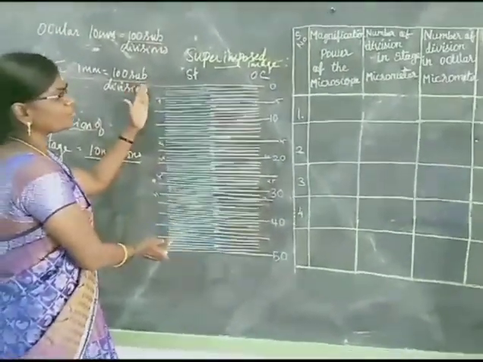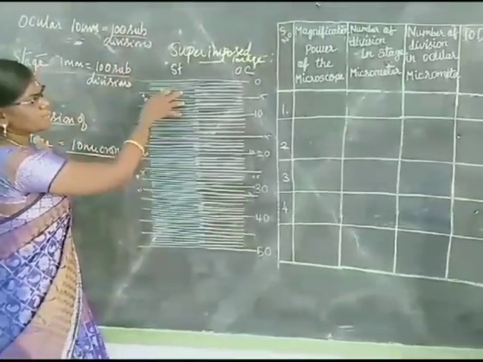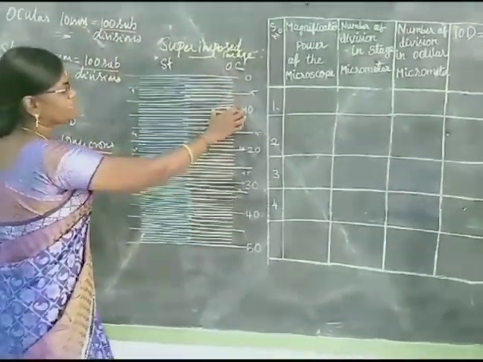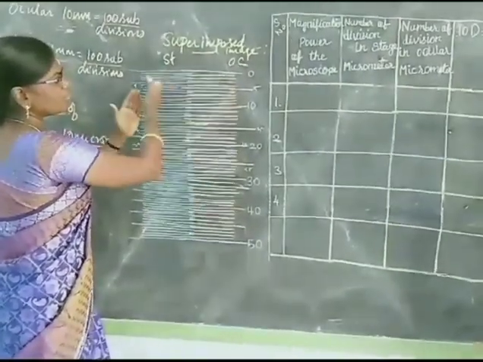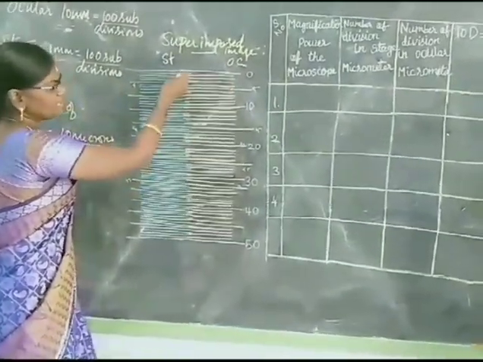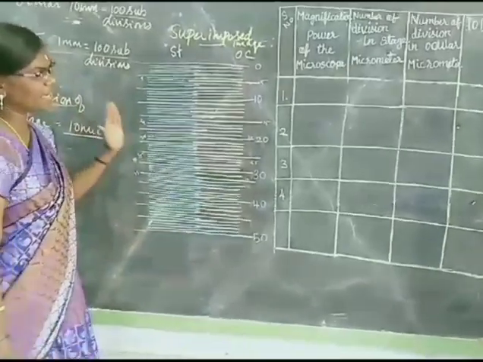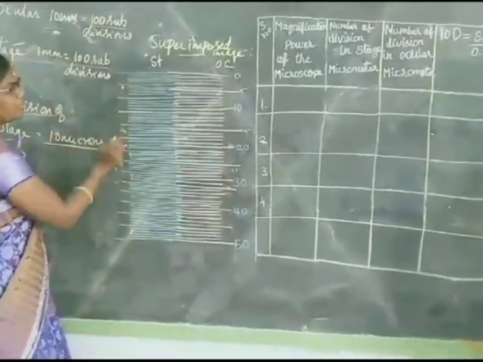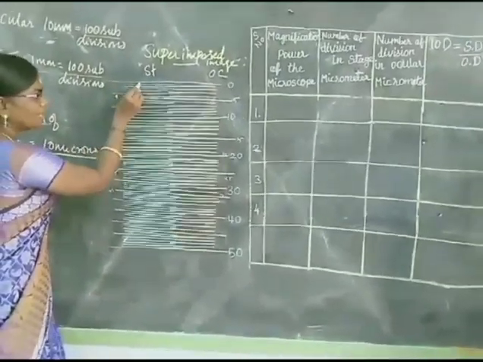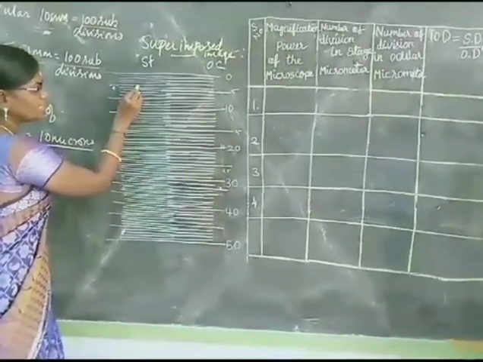This is the superimposed image. This is the stage micrometer, this is the ocular micrometer. The stage micrometer and ocular micrometer need to coincide. We need to estimate the number of coinciding lines for our calculation. For example, this is the stage micrometer. Now we are going to count 1, 2, 3, 4, 5, 6, 7.